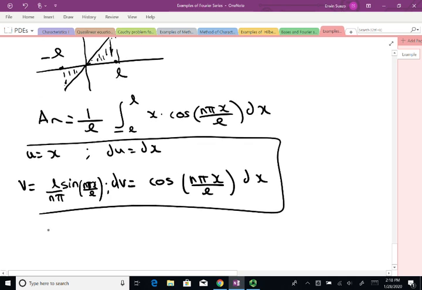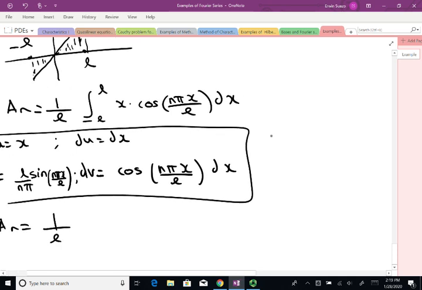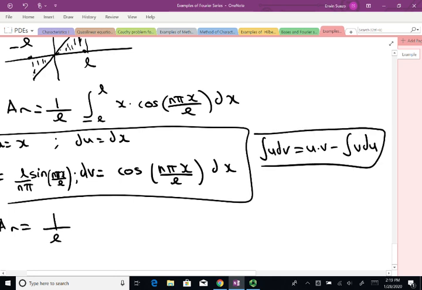So I do my integral: a_n equals 1 over L, and this is u times v minus the integral of v du, the integral of u dv, integration by parts.